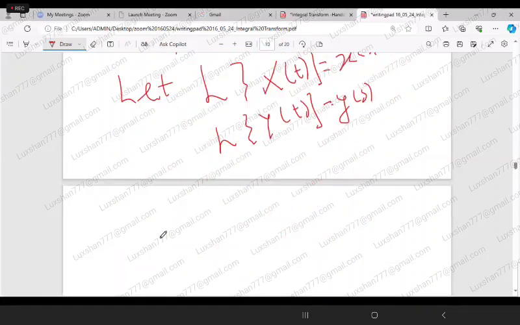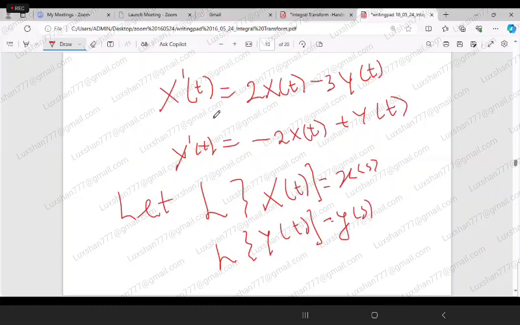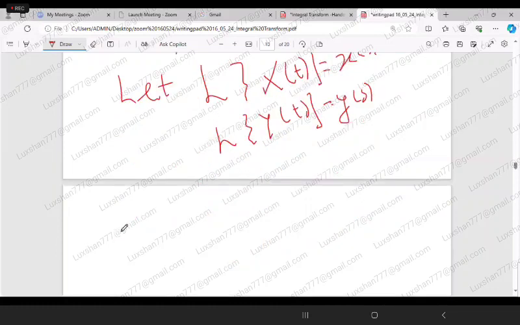Now if we take Laplace on both sides, for x dash t we'll have s times X(s) minus, can anyone tell me what will come here?